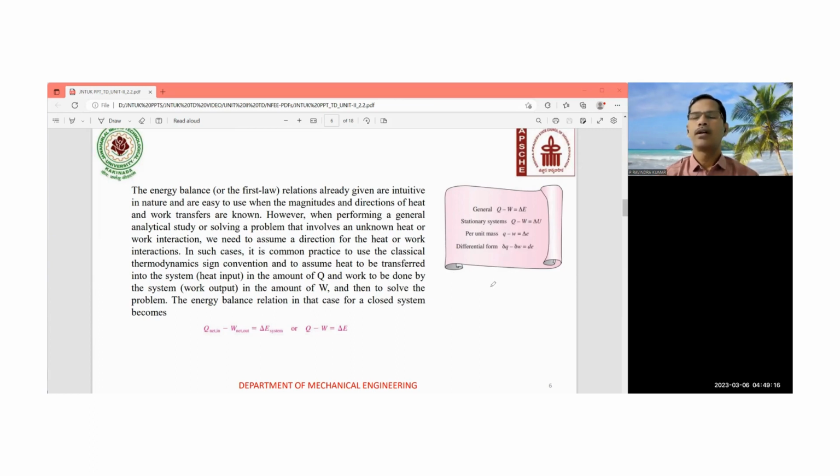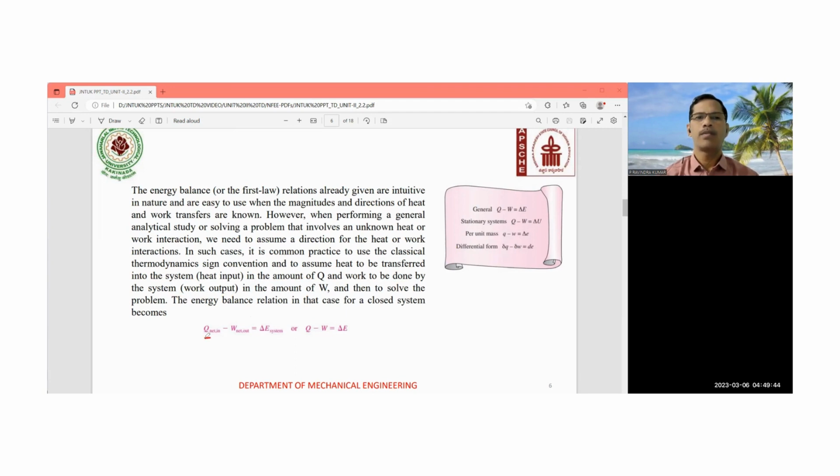That is, a large number of data is required for statistical thermodynamics. So we are going to cover only classical thermodynamics, the sign convention, and assume heat to be transferred to the system in the amount Q and work to be done by the system, that is work output in the amount of W, and then solve the problem.